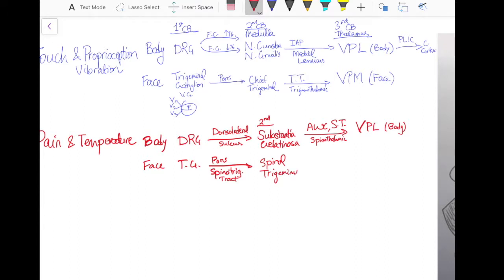The only difference is that here our axons had to descend, or go down, from the pons where they came in, and go down to the spinal trigeminal nucleus. Then they decussate or cross over and become the trigeminal thalamic tract, and go from the bottom trigeminal up top and go synapse in the thalamus at the VPN for the face.